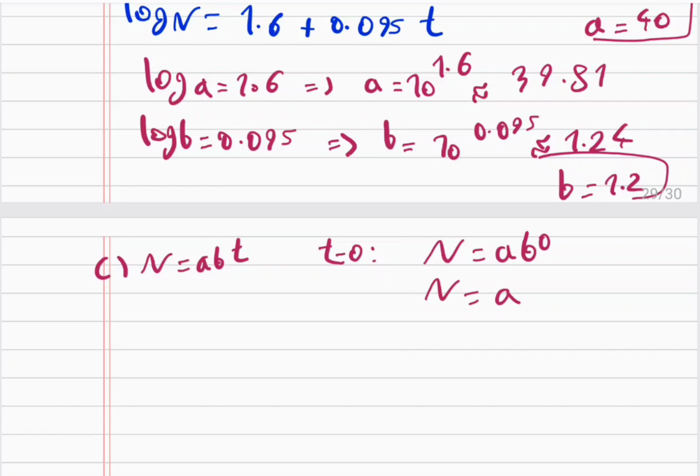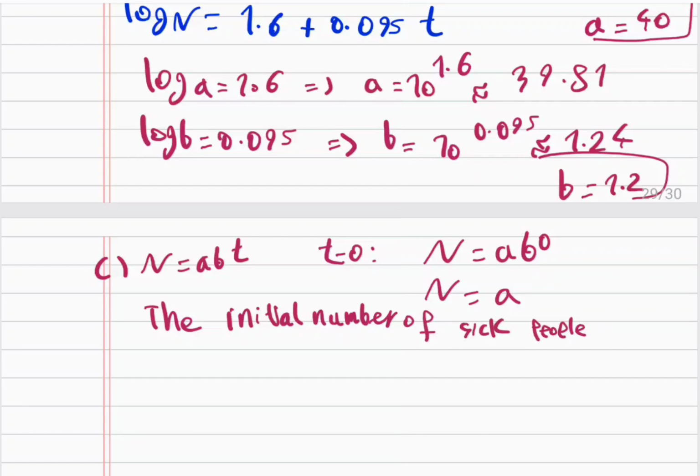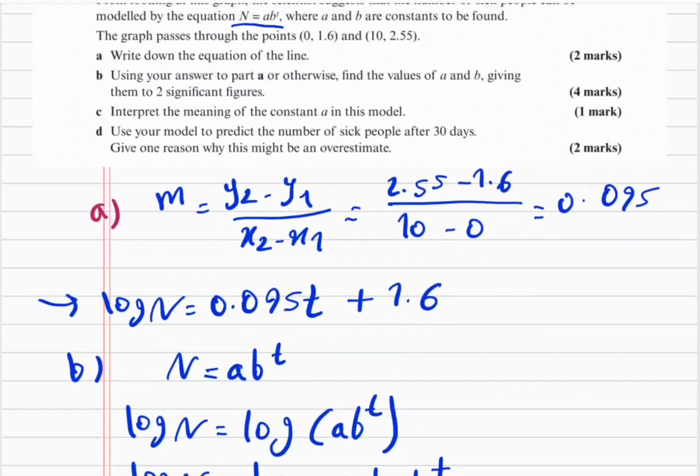So in this case, a is simply the initial number of people who were sick, so at day 0 basically. So that's the meaning of a. So a is the initial number of sick people at day 0. It's very common.